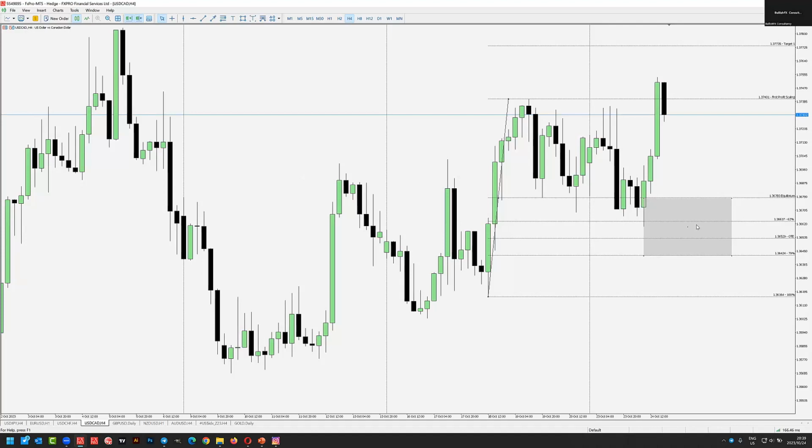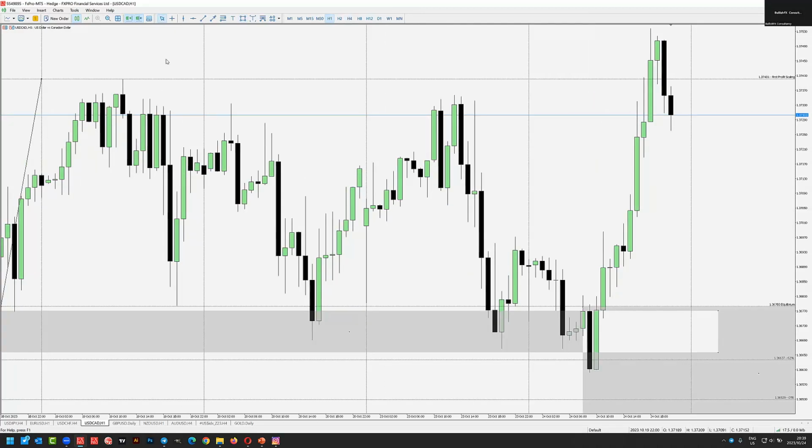You see, with this expansion, we've already had a retracement today. The market retraced back into fair value. What fair value was there? Fair value gap right there. That's our fair value gap.